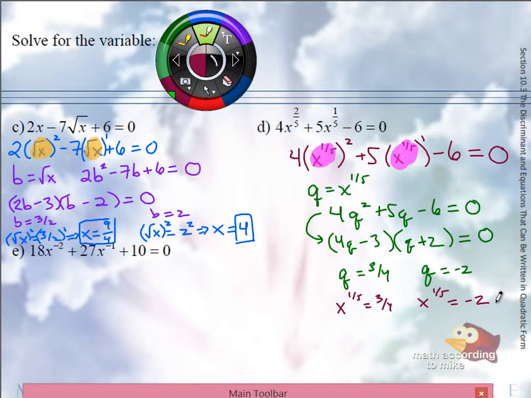How do we get rid of a 1/5 power? Say it correctly. Raise it to the 5th power. There you go.